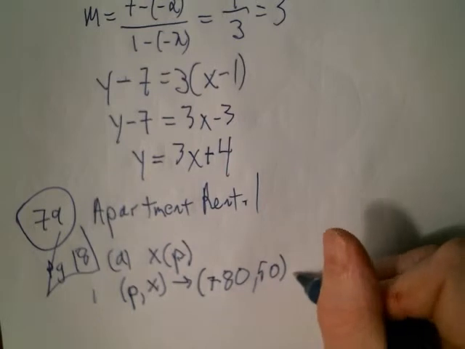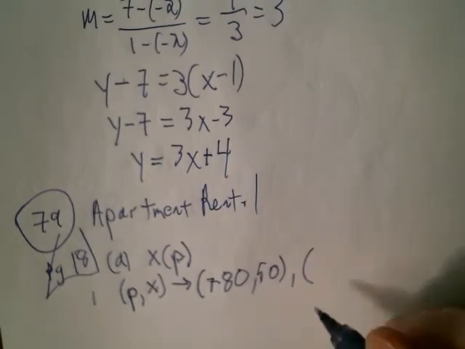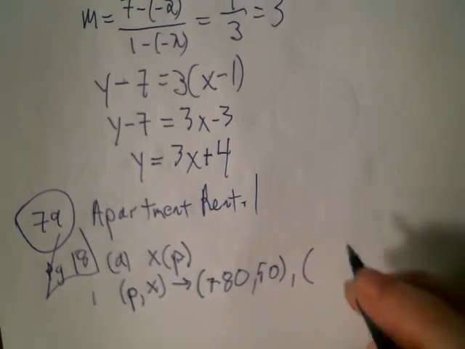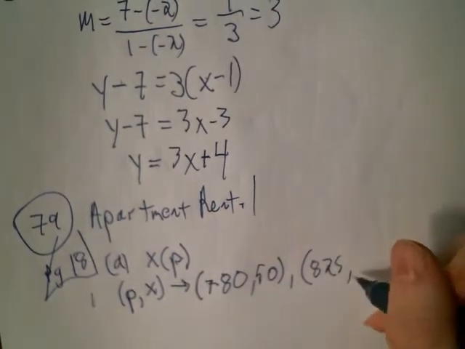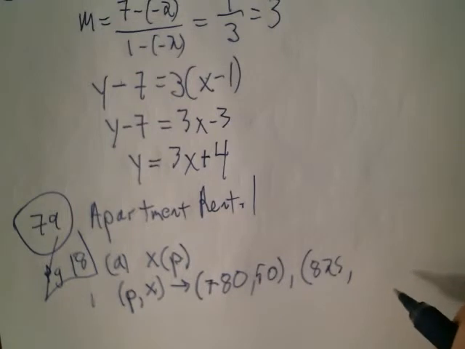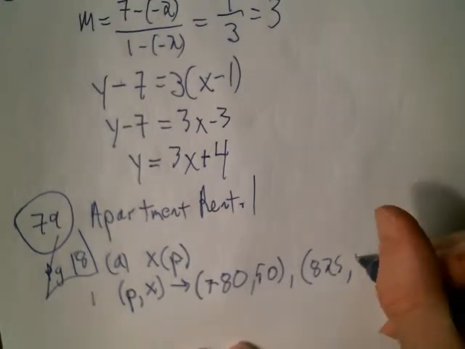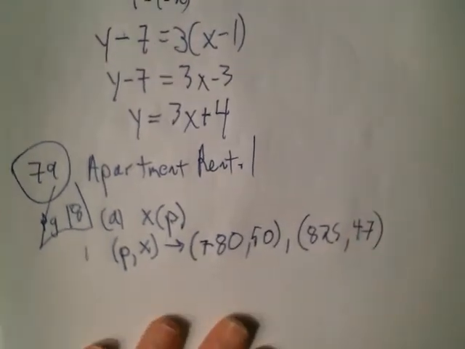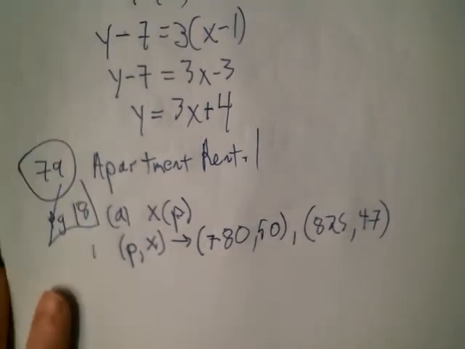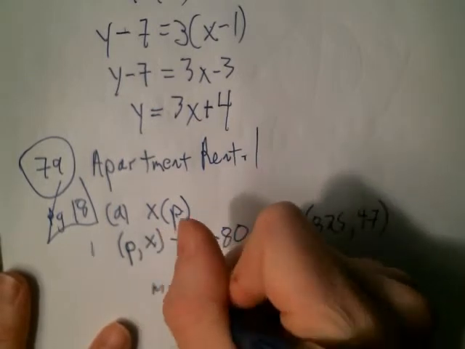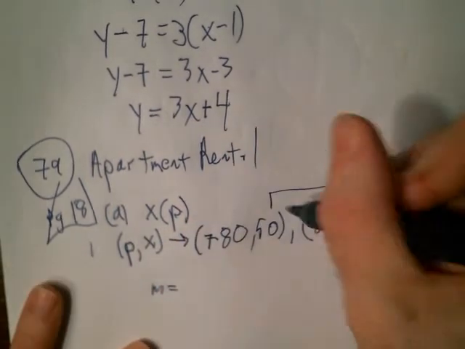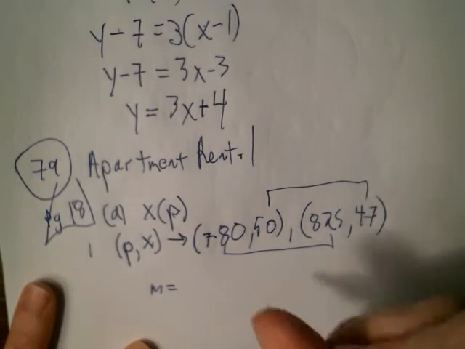And then for the other one, the rent is 825, and the demand, the output, you can kind of think of it that way, I guess, is 47. It goes down. Okay, so we should expect negative slope for this case, and of course, to find the slope, you just do the y2 minus y1, etc.